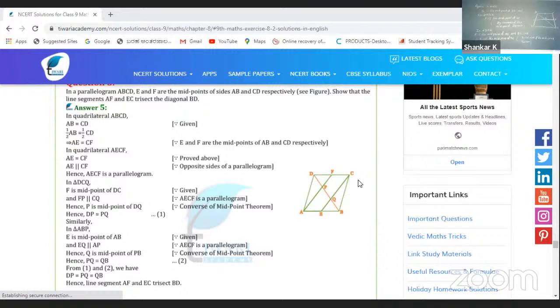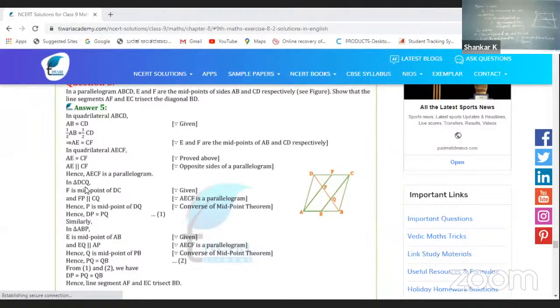Correct? So what happens now? Hence AECF is a parallelogram. If AECF is a parallelogram, then opposite sides are parallel and equal.